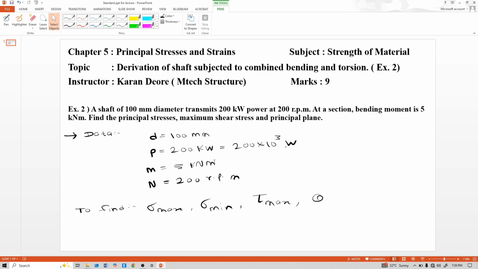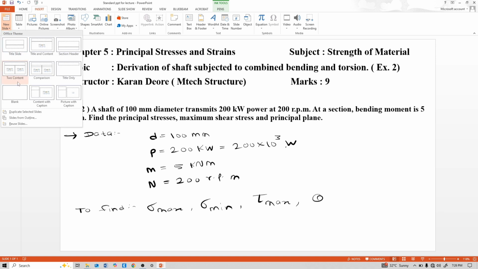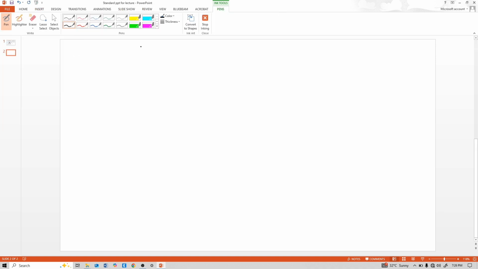So first see, principal stress is 1 by Zp multiplied by M plus minus under root of bending moment square plus twisting moment square. So here we don't know this T and this Zp.